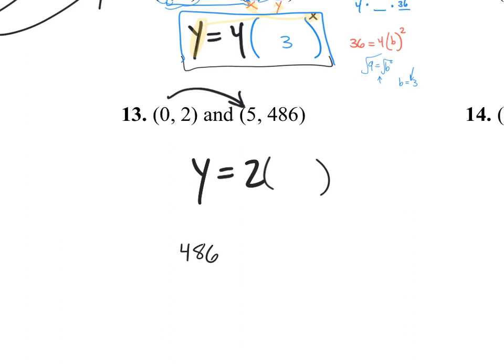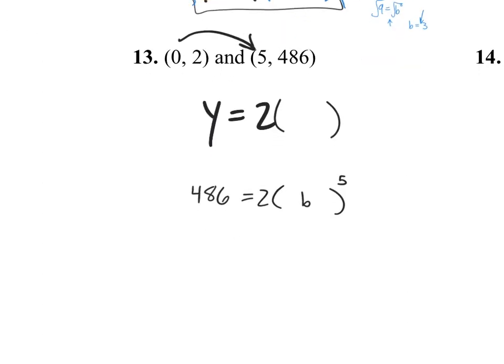So like on this one, to find the equation, I'll substitute in 486 as my y. I'm going to substitute in 5 as my x, and we're solving for b. Which means on this one I'll divide both sides by 2 to get 243 is equal to b to the 5th.